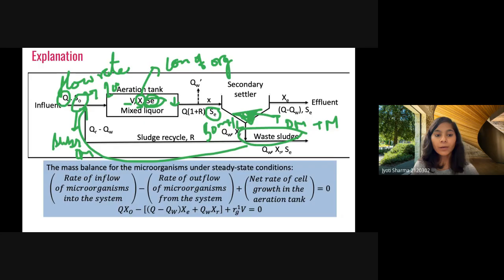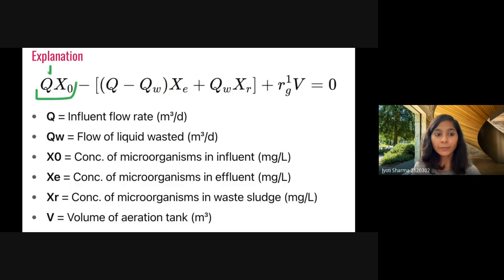So this is the rate of inflow of microorganism into the system, minus the rate of outflow of microorganism from the system, plus the net rate of cell growth in the aeration system, which will be equal to 0. In the equation, this is your flow rate, and this is your microorganism concentration in influent. We assume that we do not have microorganism in the influent, but this is your inflow.